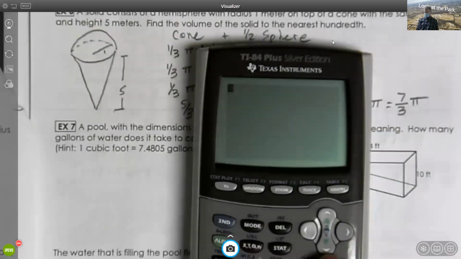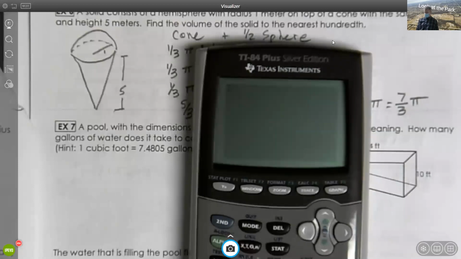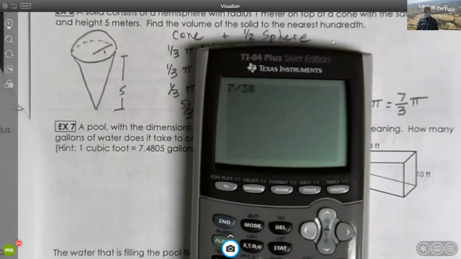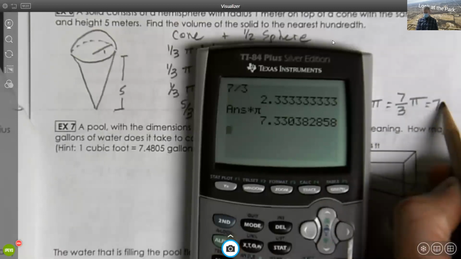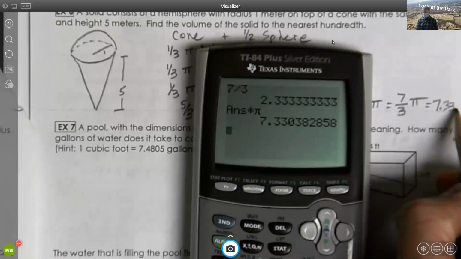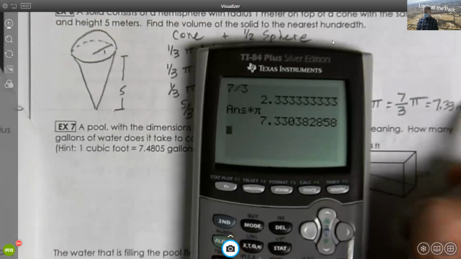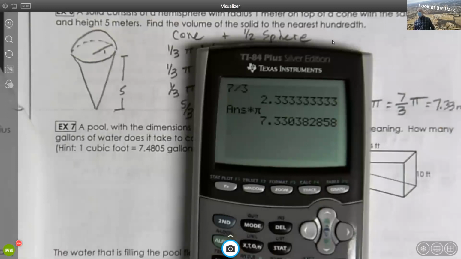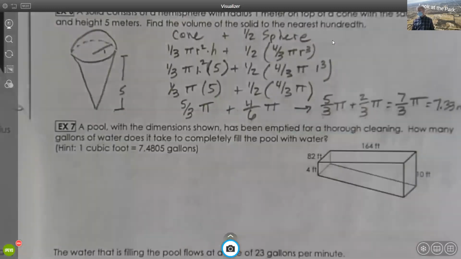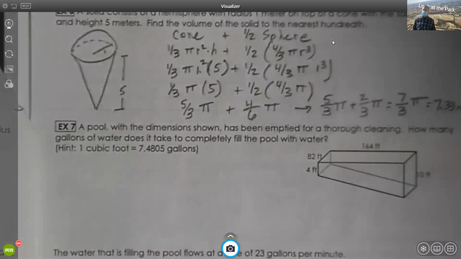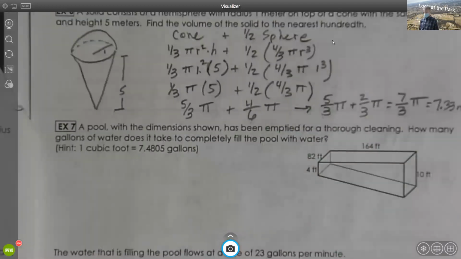So we can use our calculator and say 7 divided by 3 times pi, and we get 7.33. And that would be our total volume of the sphere and the cone.